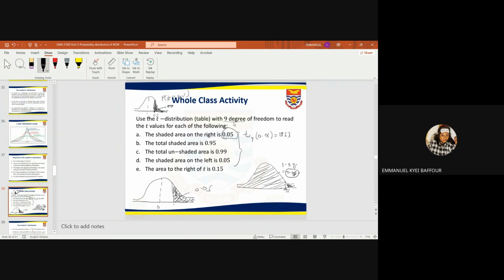We've been given a particular degree of freedom and then a certain shaded region that we are to calculate a value that corresponds to it. So this thing that we had was 0.1833. So it means that this point is 0.1833. But the area bounded by this line and to the right of the curve is 0.05.